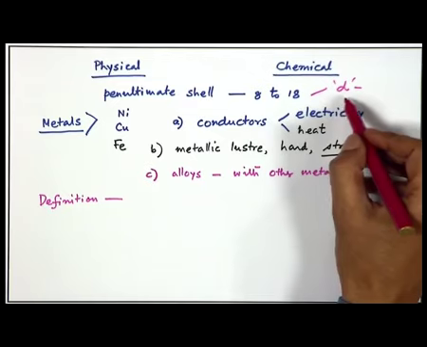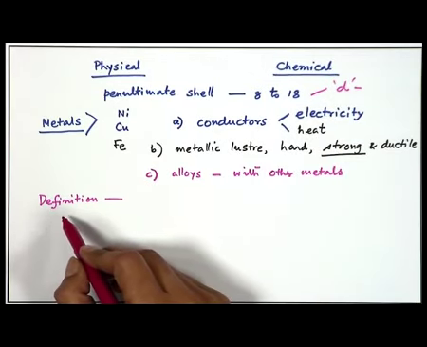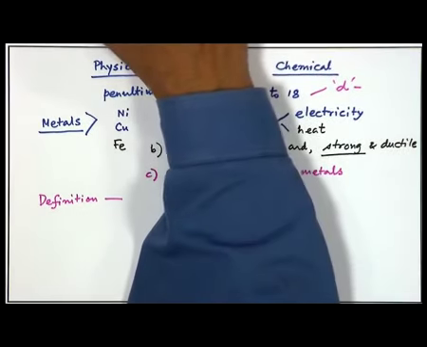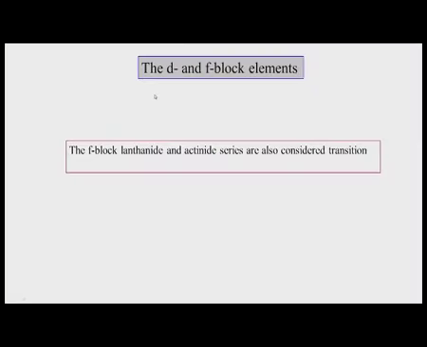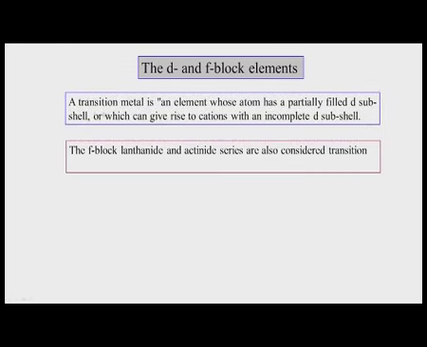Whether the d electron configuration can have connection with this definition of these transition elements, we will see from here that not only the D, but we will also be considering the F block elements in a similar fashion. In the latter part of this chapter, we will first find what are those F block elements. Before that we will just consider what are these D elements and what are the transition metal ions.